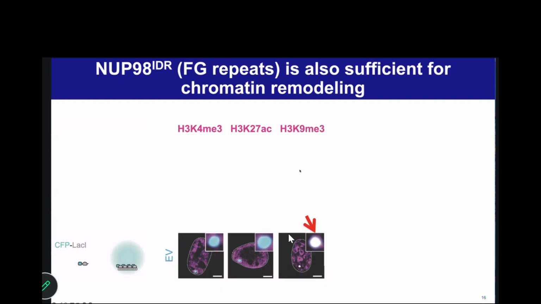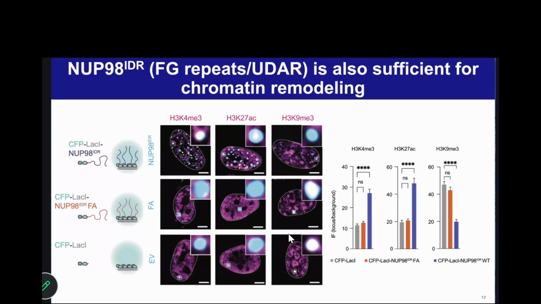Because if you stain for H3K9 trimethylation, you can see it's really lit up, which is in contrast with the lack of the active chromatin mark H3K4 trimethylation and histone acylation, right? And then we ask, what happened if we recruit the FG repeats from NUP98 into this locus? And then you can see we see a very dramatic chromatin remodeling effect.